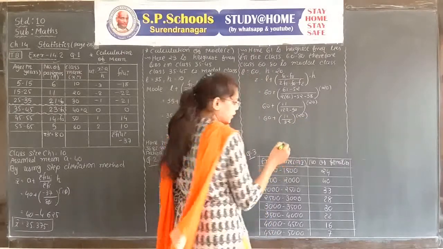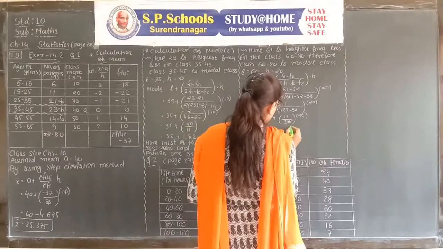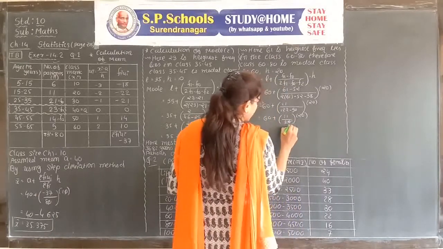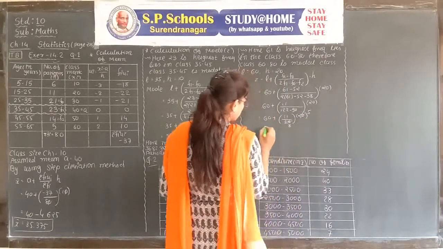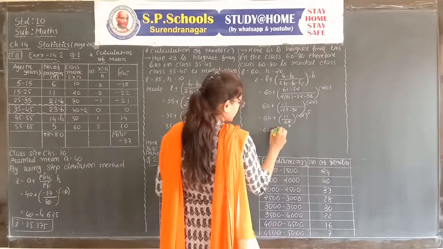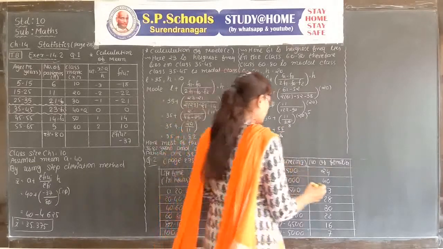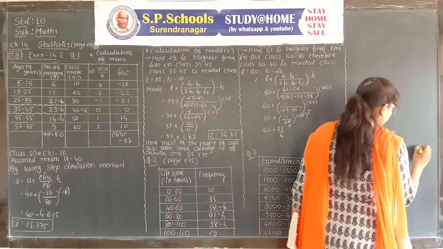Now cutting by 4 is possible. 8 and 5, 60 plus 11 fives are 55 upon 8. Now we divide 55 by 8.